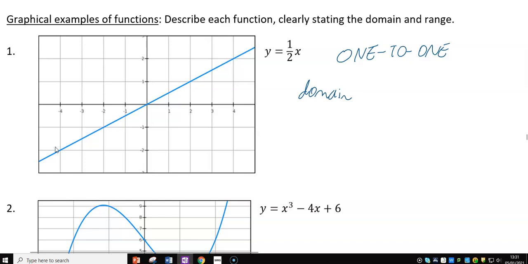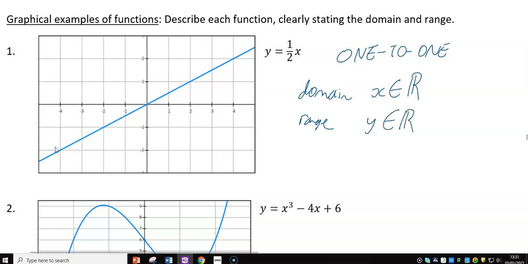Okay, so let's just look at the domain. Now the domain obviously goes on beyond what we've got here. So the domain is x belongs to the set of reals. The range is f, or really it's y actually, sorry, we've used y here. So the range is y belongs to the set of reals as well.